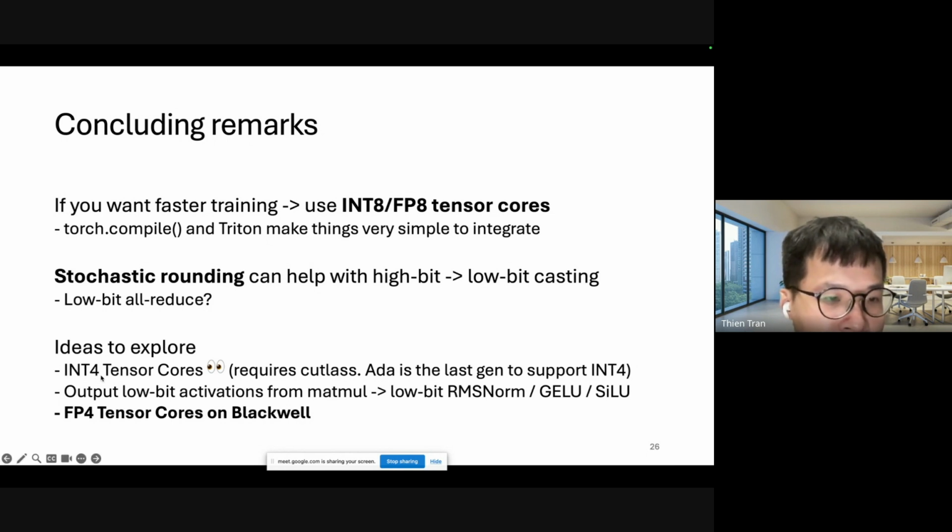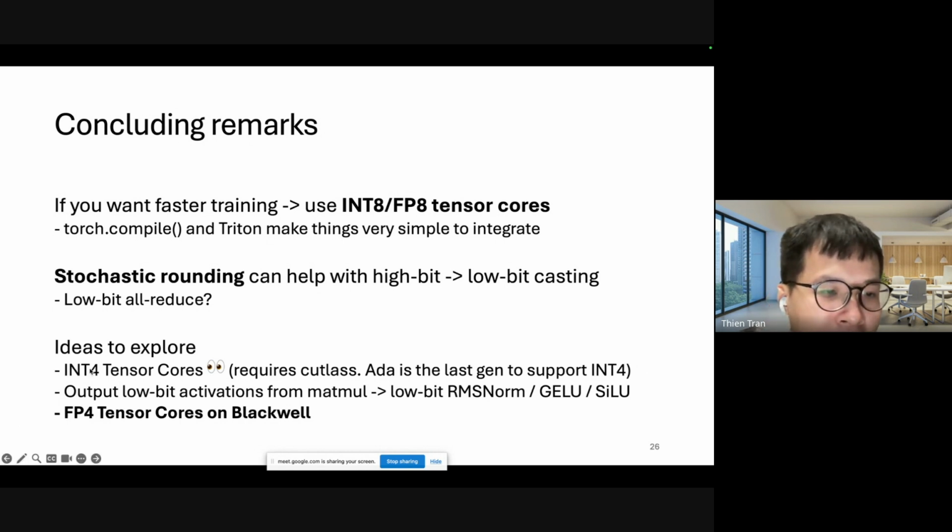I put in int4 tensor cores here, but sadly, NVIDIA stopped supporting int4 tensor cores from Blackwell onwards. So if you have a 4090 or something, that will be the last generation of GPU that supports int4. And sadly, it's not very simple to do int4 and FP4 yet. I think Triton is adding support for FP4. I haven't been following, so I don't know.